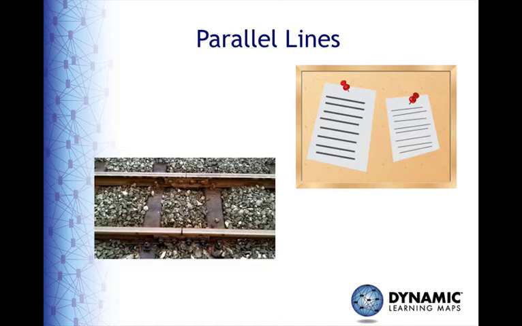For example, the image of the railroad tracks actually shows two sets of parallel lines: the rails themselves and the slats that are underneath the rails. Others include the top and bottom edge of a bulletin board, the opposite sides of a book cover, the sides of a door frame, and the sides of a bookshelf.